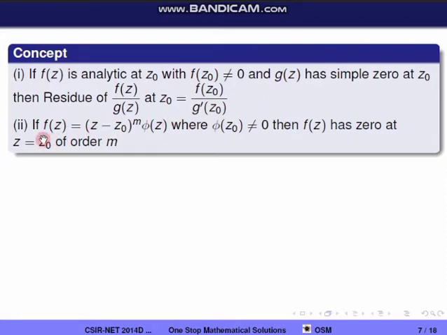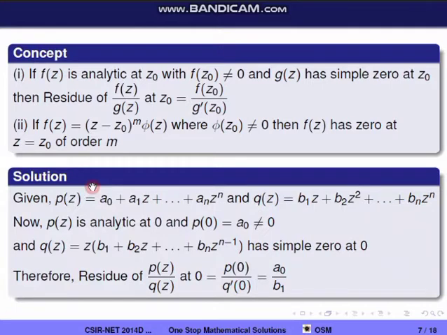If f(z) = (z - z0)^m φ(z), where φ(z0) is non-zero, then f(z) has a zero at z = z0 of order m. Now we'll move on to the question.